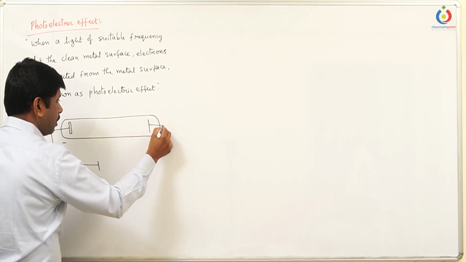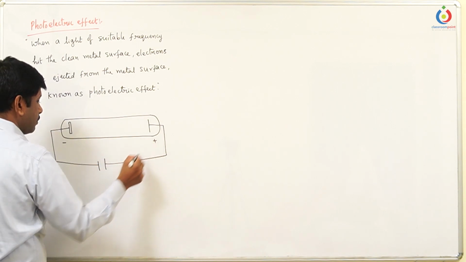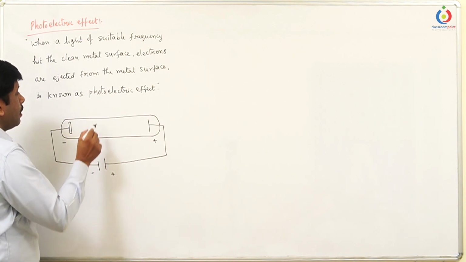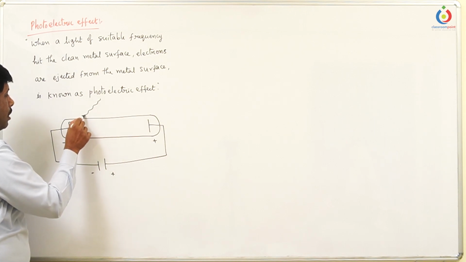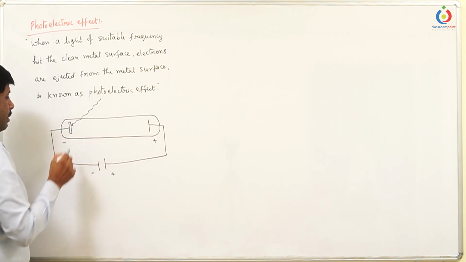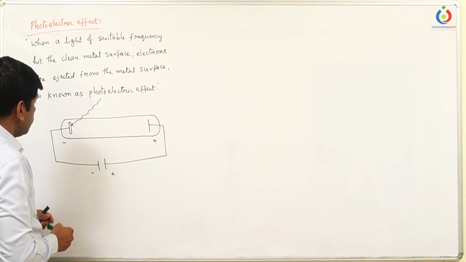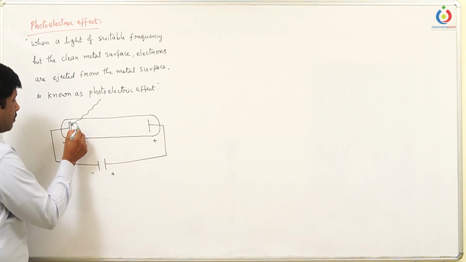And here this metal plate is connected to the battery and acting as anode. So the concept says that whenever light of suitable frequency hits the clean metal surface, electrons are ejected from the metal surface instantaneously.